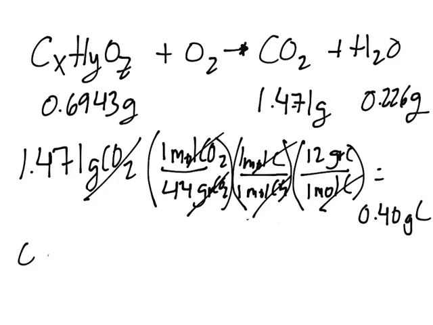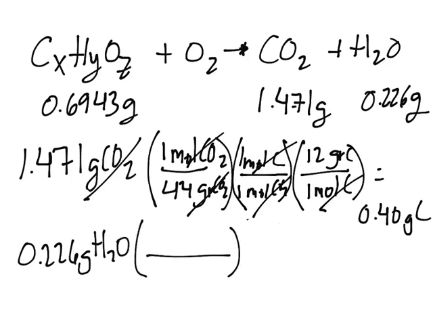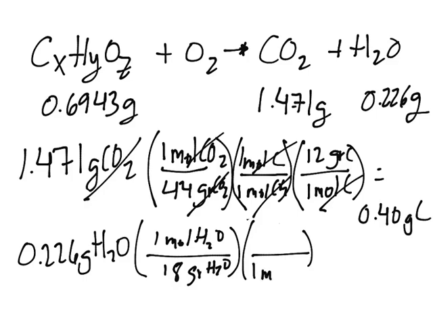So 0.226 grams equal 1 mole, 18 grams. We only have one molecule of water, one mole of water. However, there are 2 hydrogens in that mole of water. In this water, there are 2.